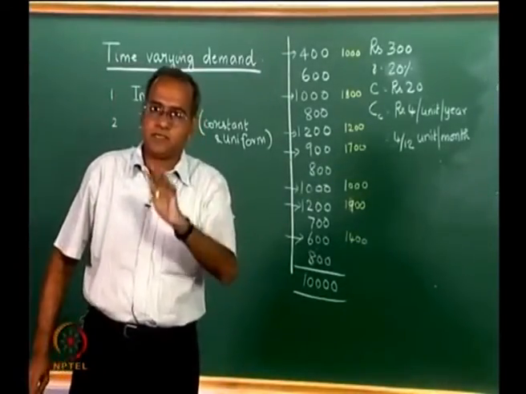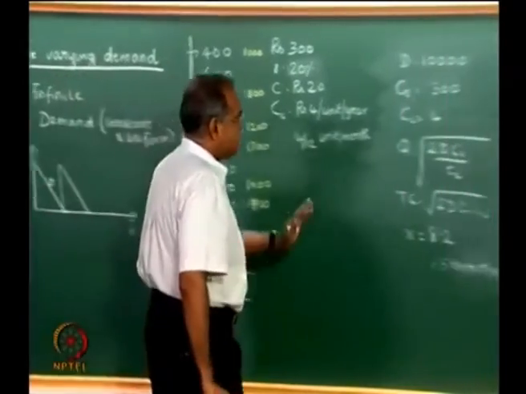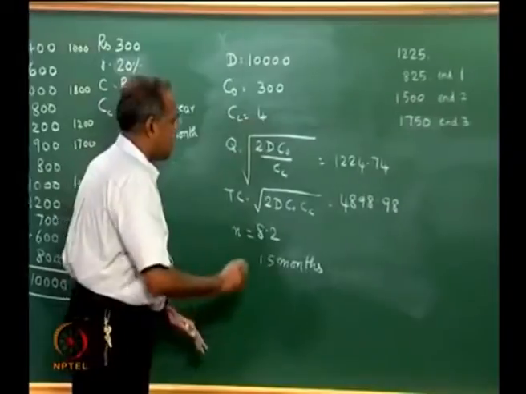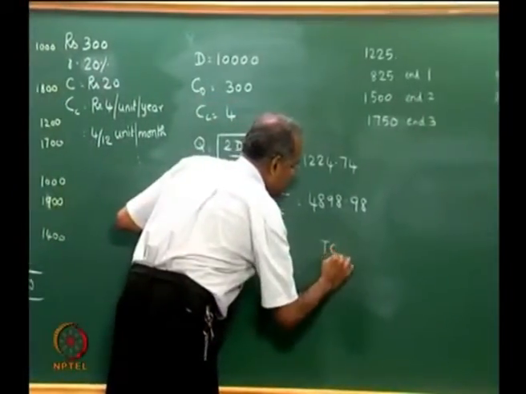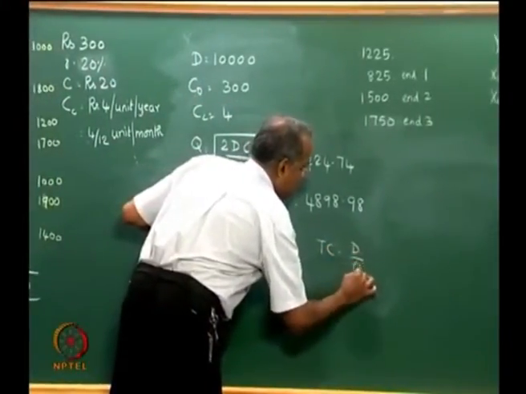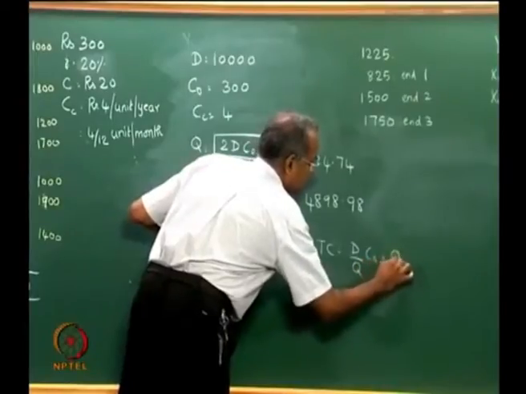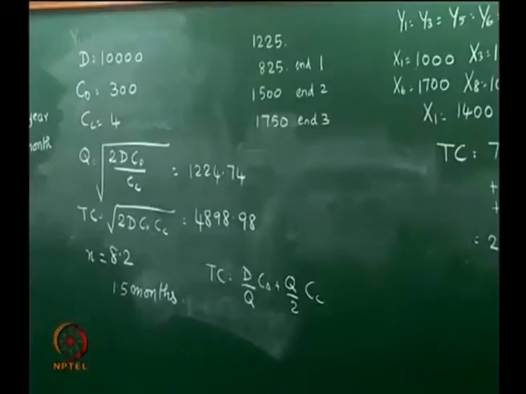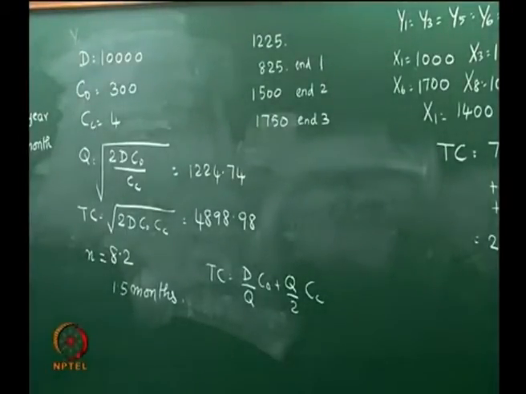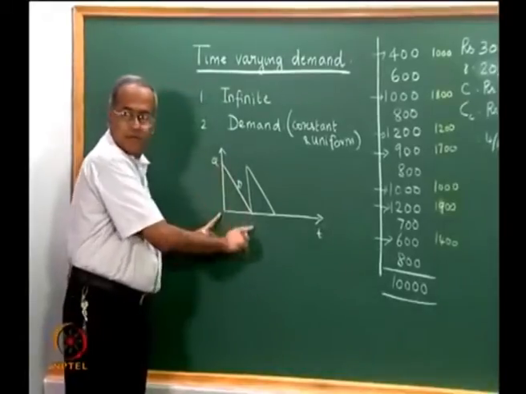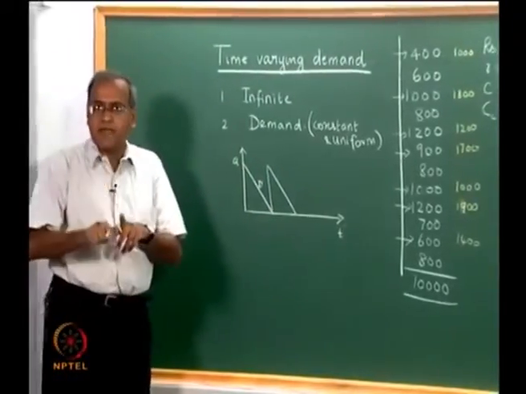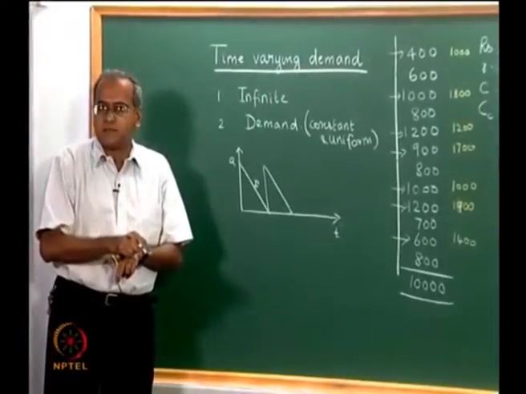Essentially, the difference happens because this calculation was based on a total cost TC equal to D by Q C naught plus Q by 2 Cc. Now the average inventory there was taken as Q by 2, which was based on the assumption that the demand is D in every instance.